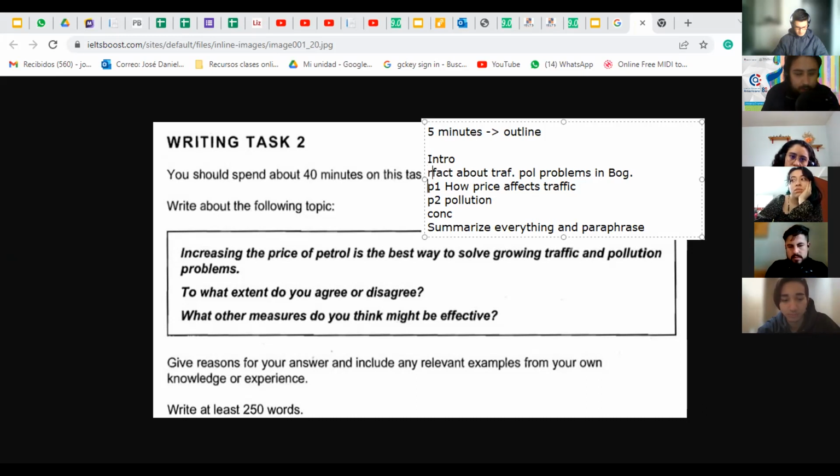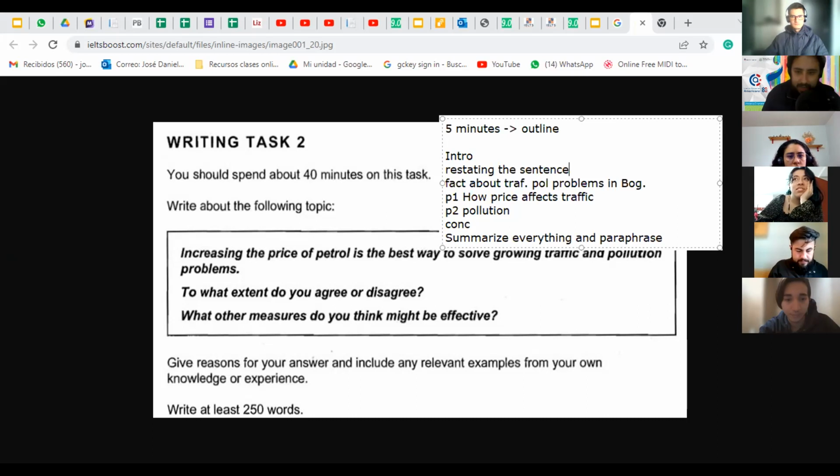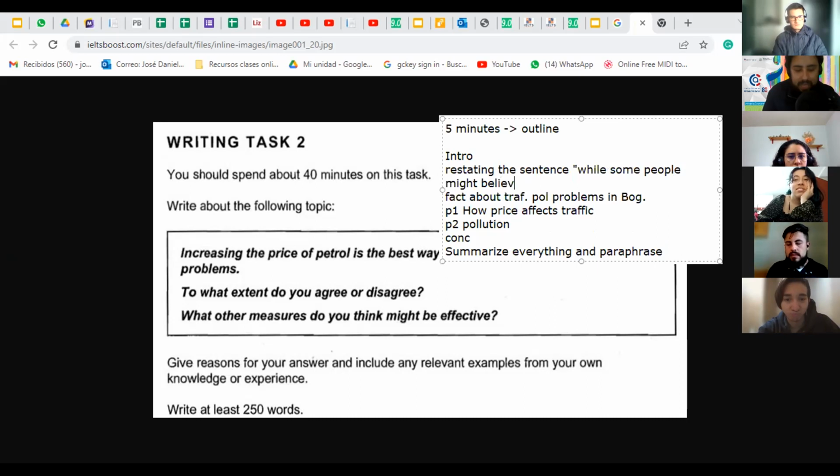You know what else I would say? Maybe restating the quote, or how would you call this? The proposed sentence, like increasing the price of petrol is the best way to solve growing traffic and pollution problems. Something like, while some people might believe that raising the... what's a synonym of price?